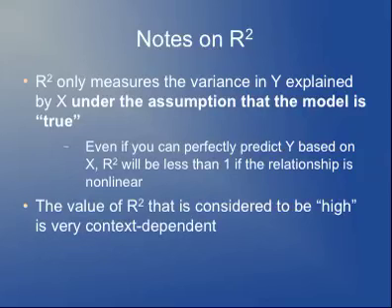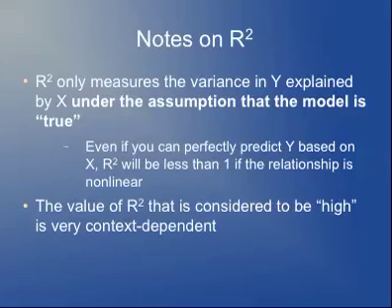So, if the regression model is true and Y really is equal to B0 plus B1 times X plus noise, then saying that the percentage of variation in Y that can be explained by variation in X is 70% if R squared equals 0.7 is a true statement.